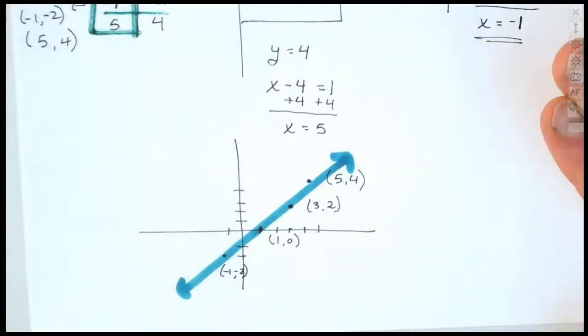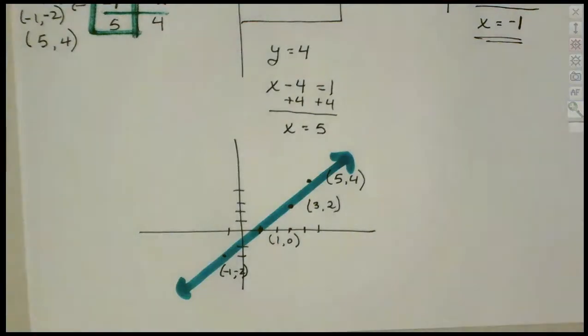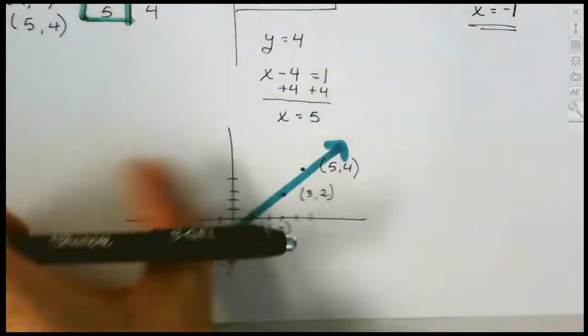3.2 is talking about intercepts and more of graphing these lines. So for 3.2, we're going to begin with question number 3. These are going to be graphing these lines, and the easiest way to graph them is just find the intercepts.